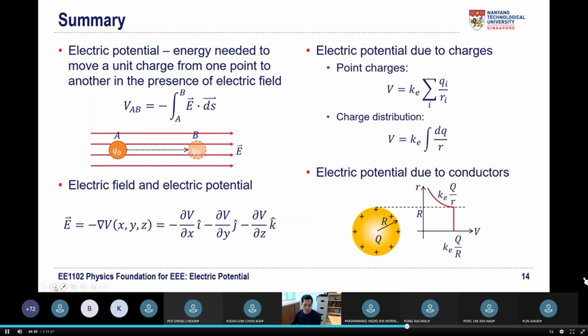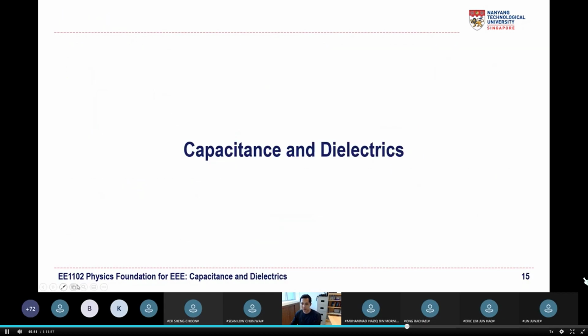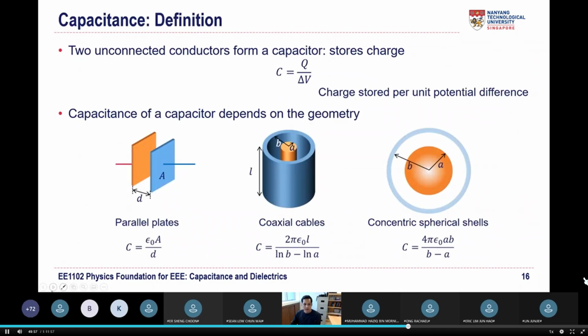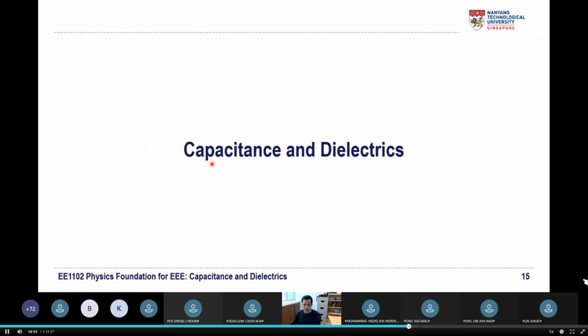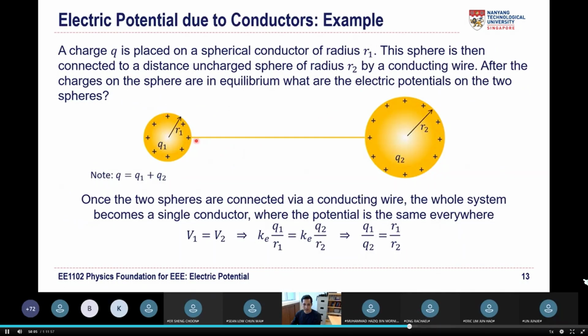So we can go to the next topic, which is on capacitance and dielectric. Okay, so when you have two unconnected conductors. Remember, when you connect up the conductor like that, then charges will immediately move, and you will reach electrostatic equilibrium.